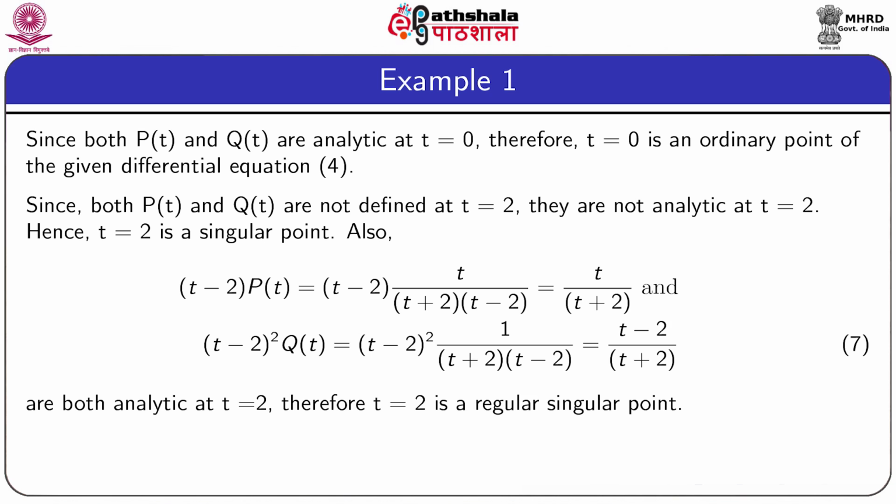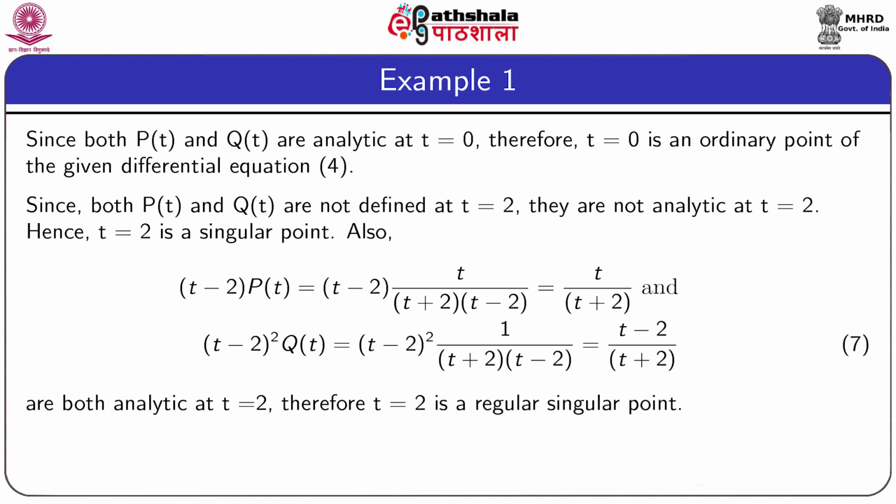Please note, if we put t equal to 2 in p(t) and q(t), we will get both the functions to be undefined, and hence we conclude that t equal to 2 is a singular point.